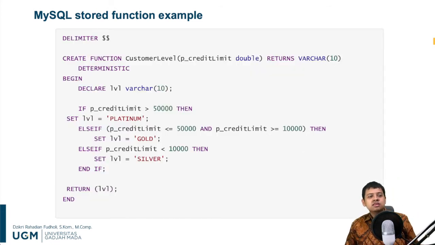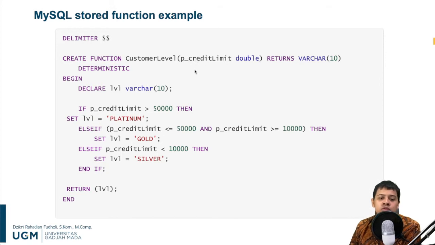Now this is the stored function example. Just like before, we change the delimiter first, and then we create the function. CustomerLevel is the name of the function, and we have the parameter pCreditLimit. The p initiates it as a parameter.